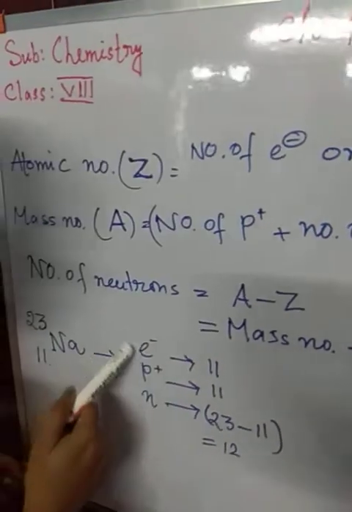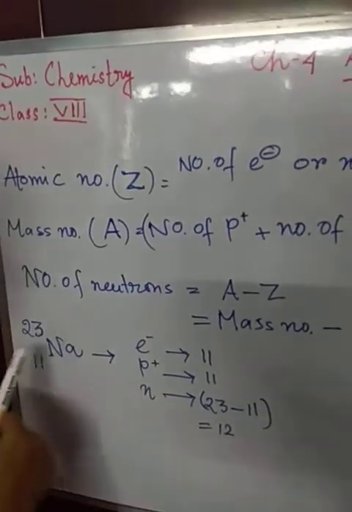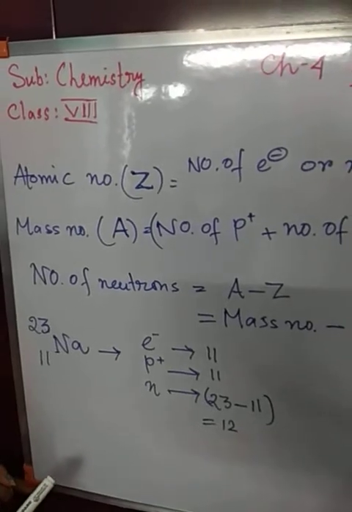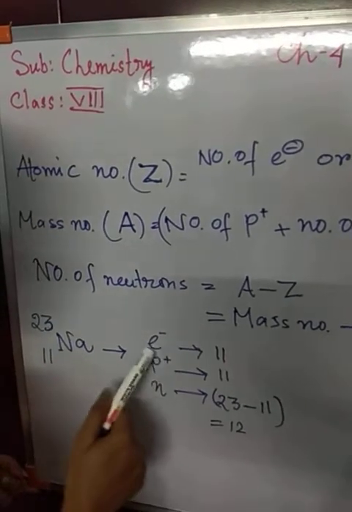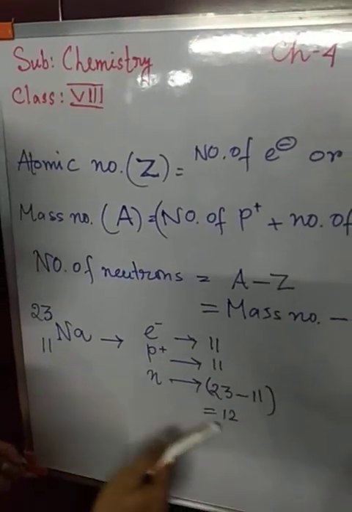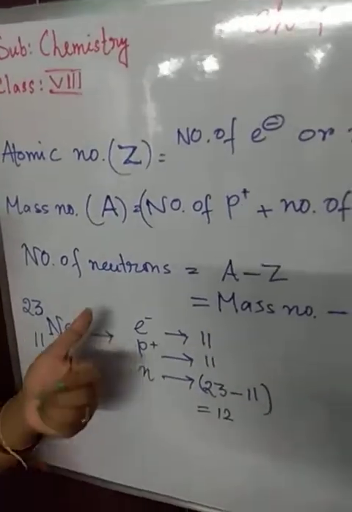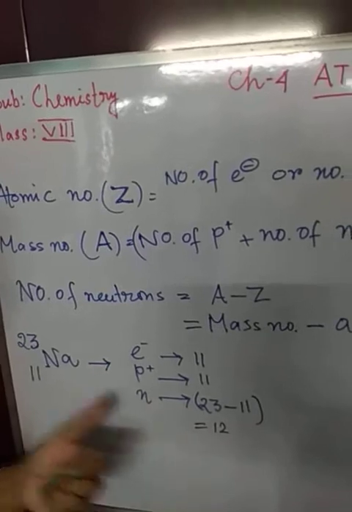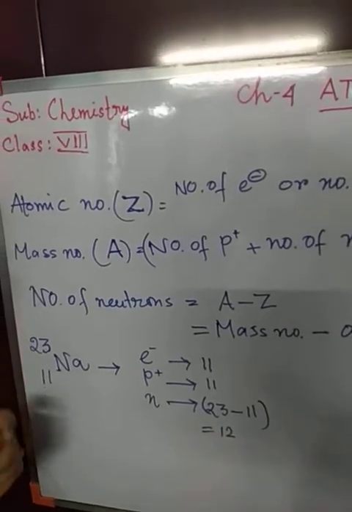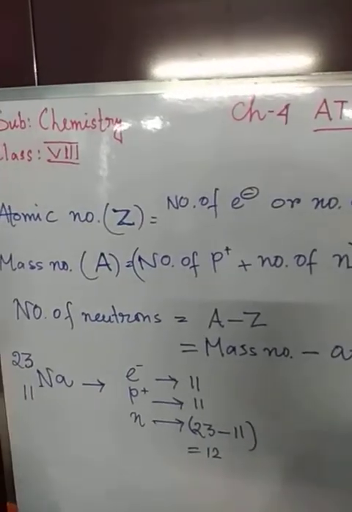So these are the numbers of subatomic particles present in a sodium atom: electrons 11, protons 11 and neutrons 12. In this manner, for any atom we can calculate the number of electrons, protons and neutrons if we know the mass number and atomic number.